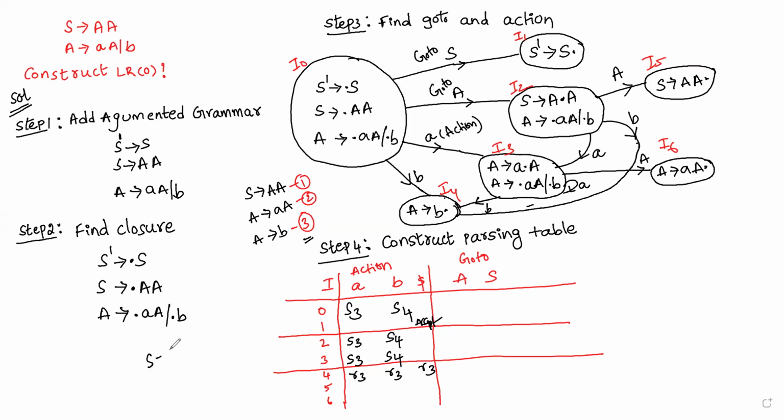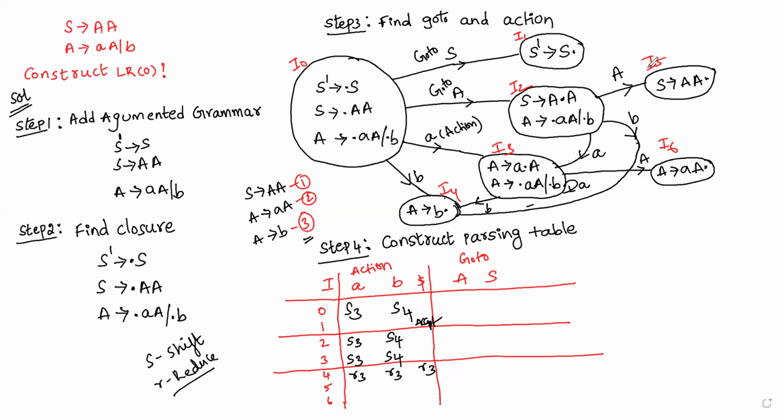Here S means shift moves, R means reduce moves. You observe here A tends to B dot appeared at the end in I4. Why have we written R3? Because this is the third production.